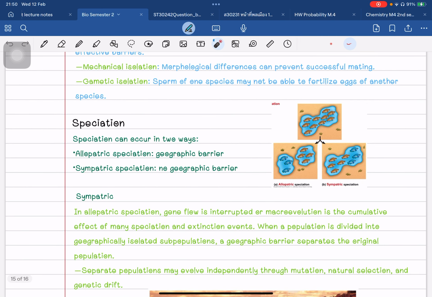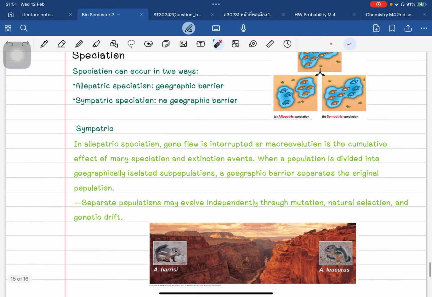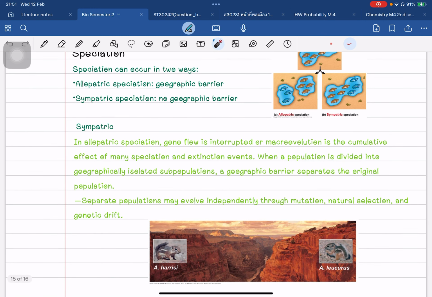Speciation. Speciation can occur in 2 ways. Allopatric speciation, which has a geographic barrier, and sympatric speciation, which has no geographic barrier. So we're going to talk about the sympatric first. Oh sorry, I read it wrong.